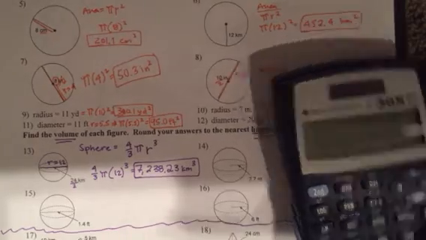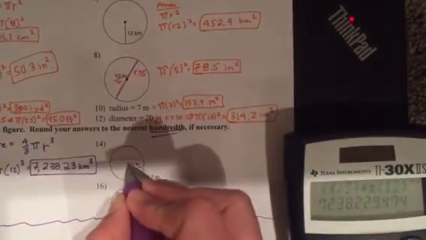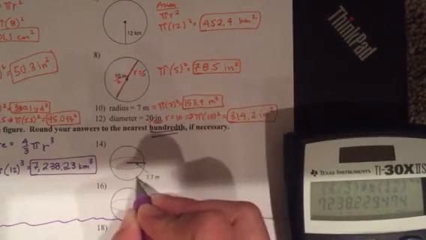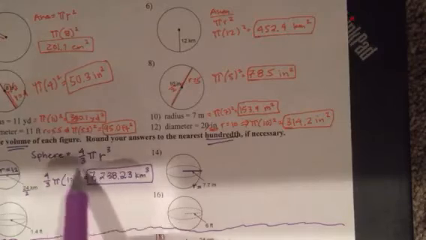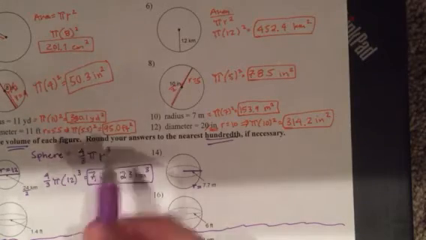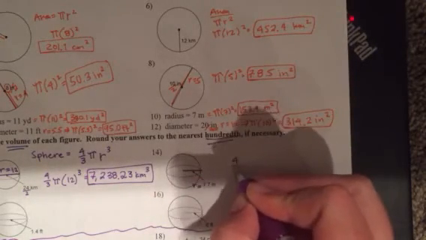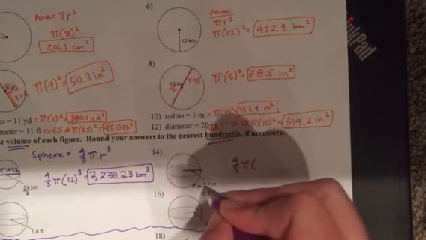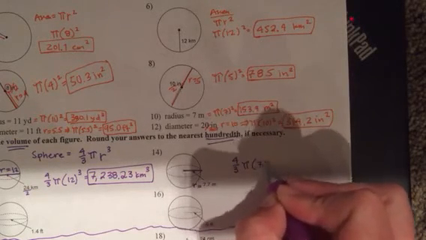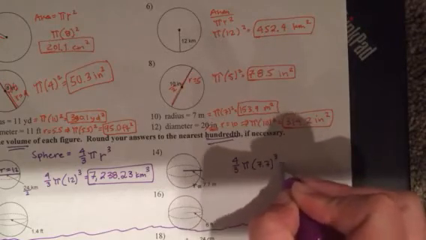Alright, let's try it again. On this one, our sphere already has the radius, so we can plug it in to our volume for a sphere. 4/3 pi, I plug in the r, cube it.